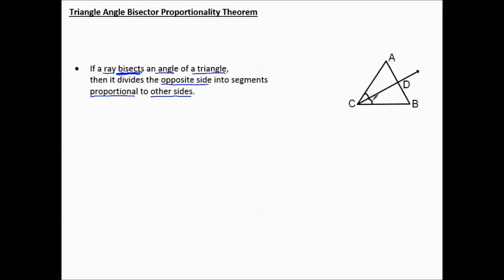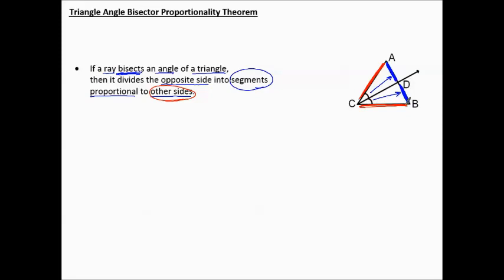It's bisecting the angle. So that means the sides across from those congruent angles, those little pieces of the sides, so these little segments, the AD segment and the BD segment, are proportional to the other sides of the triangle, this side AC and this side BC.